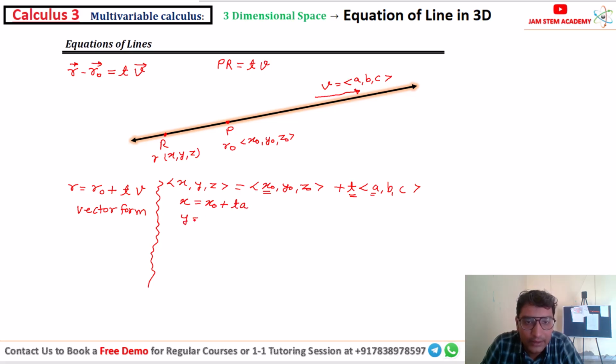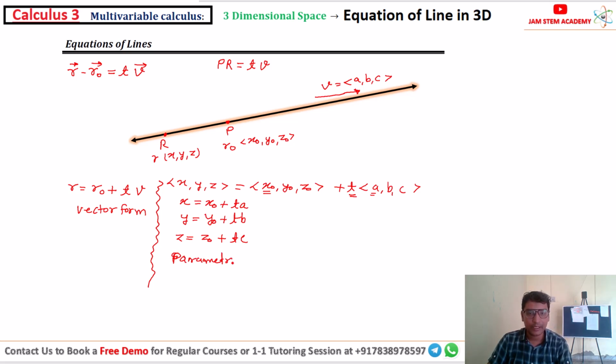Similarly, y is y naught plus tb and z is z naught plus tc. This form is called the parametric form, where t is the parameter. So here we converted our vector form into parametric form.